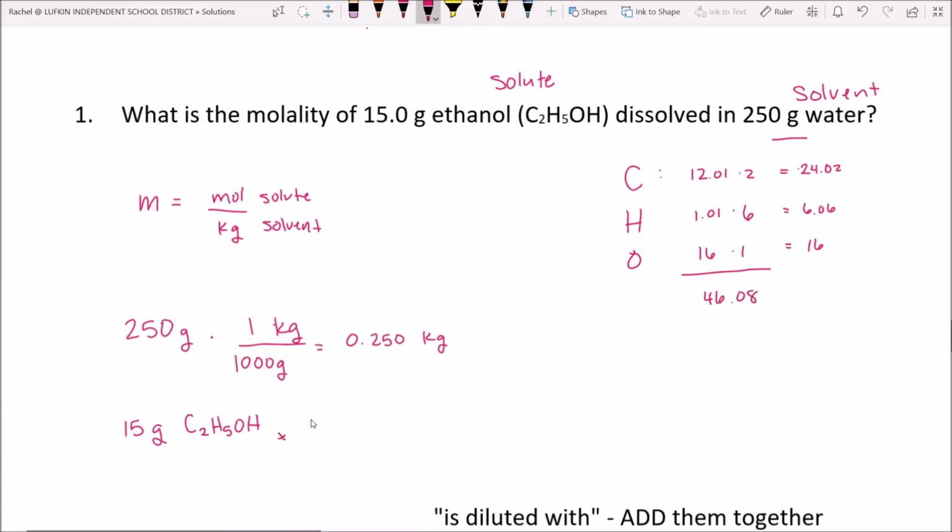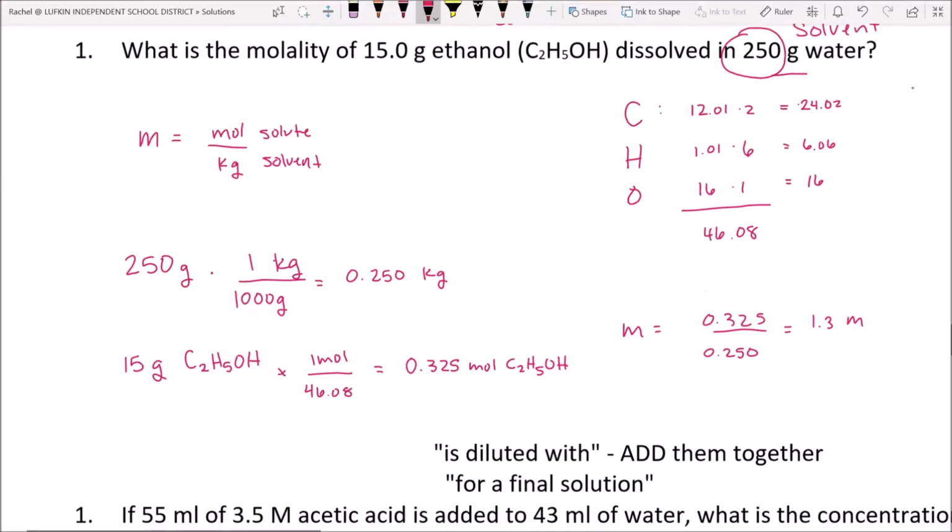So we're going to divide by 46.08. What do we get when we do that? Okay, 0.325. So that's 0.325 moles of our solute, and that's what's going to go on top. So M is equal to 0.325 divided by 0.250. What do y'all get? 1.3, perfect. And that's the correct number of significant digits, because 250 has only 2 significant digits.